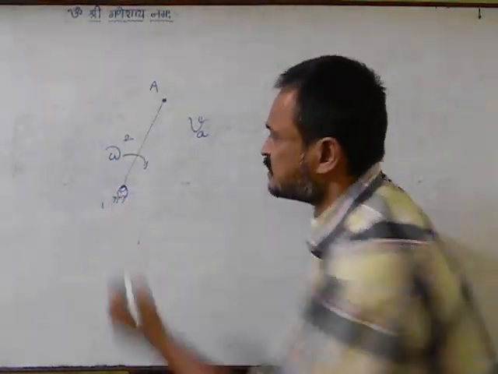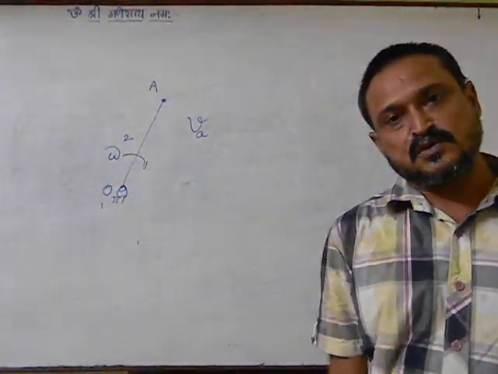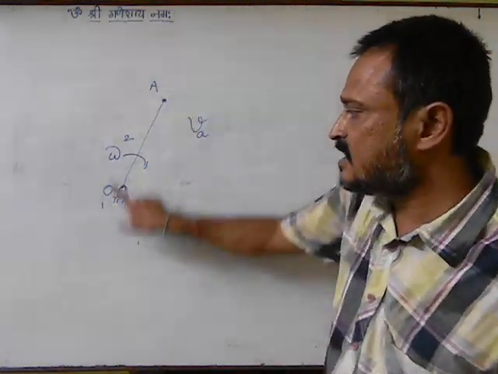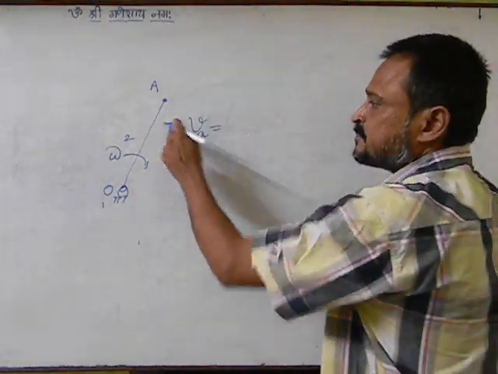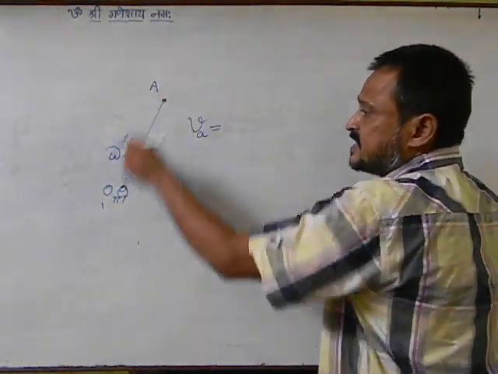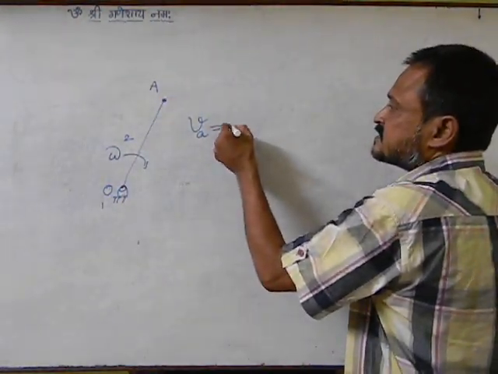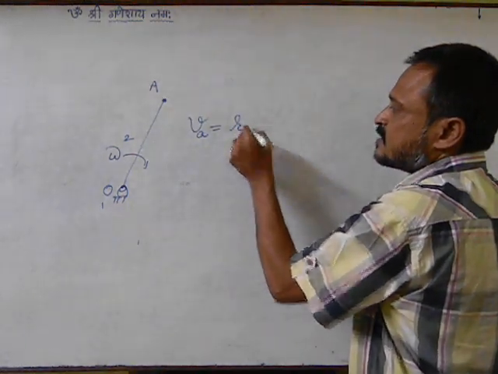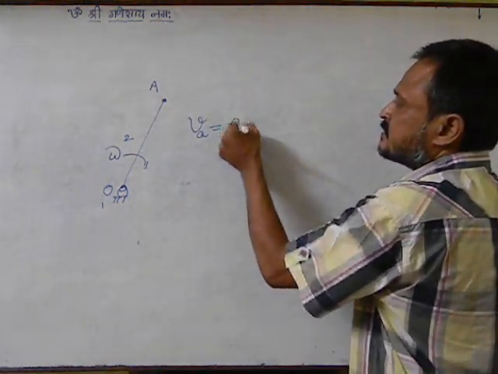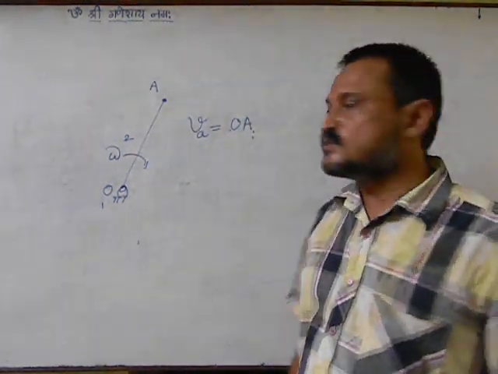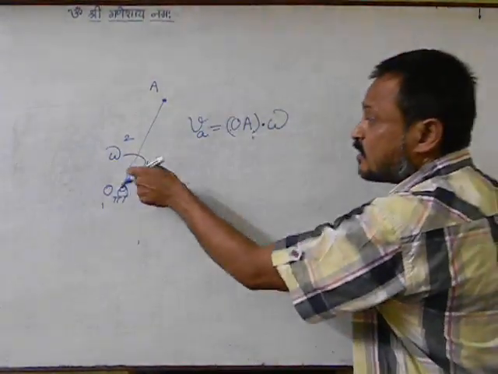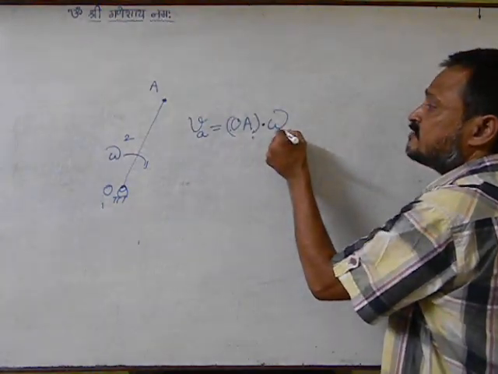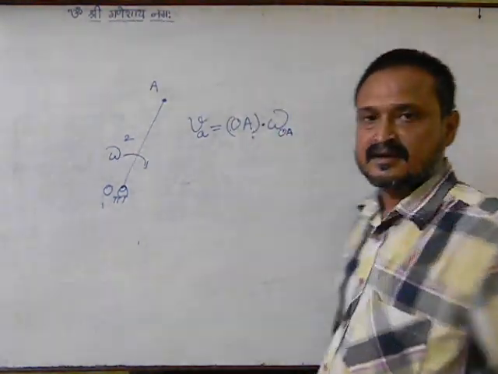with respect to, if I name this joint as O, velocity of A with respect to O will be equal to radius. The radius here is simply the length OA into the omega of that link, so omega of OA, right?